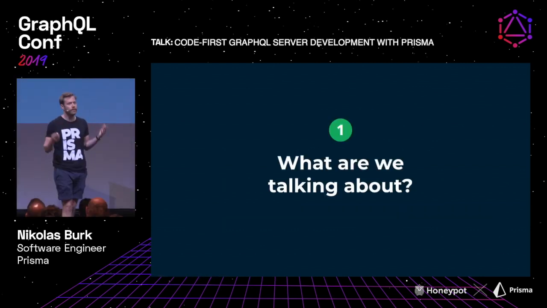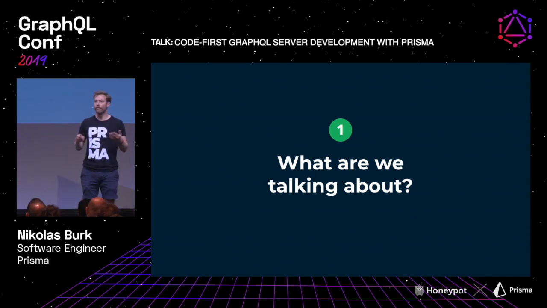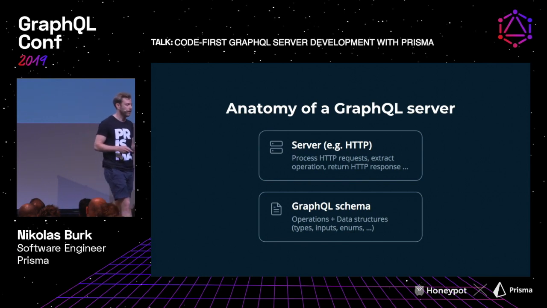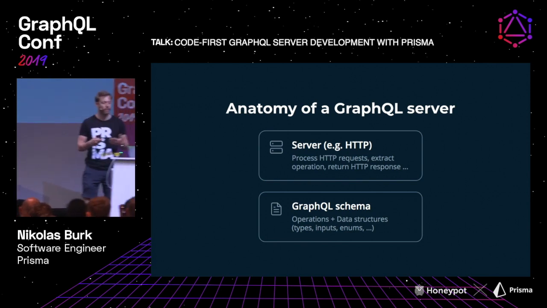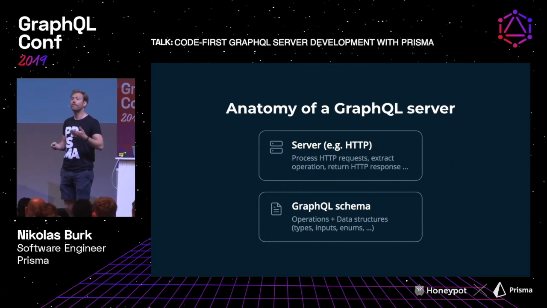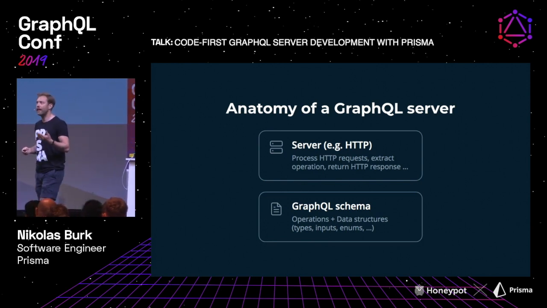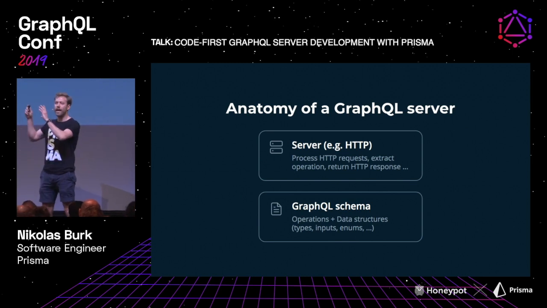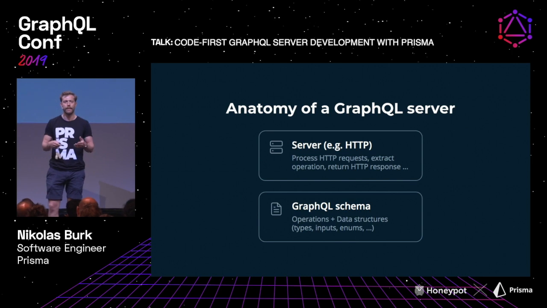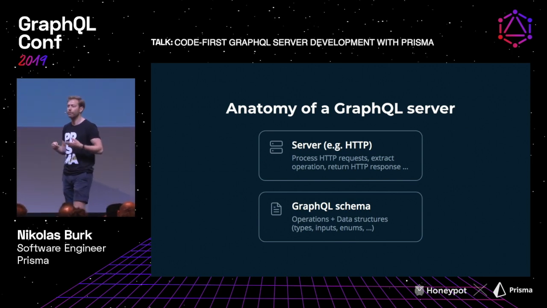So what are we actually talking about when we're talking about code-first and SDL-first? For that, I want to take a peek at the anatomy of a GraphQL server. And no matter which programming language you're using for your GraphQL server, you'll likely find these two components. You need to have a network layer that is responsible to process the HTTP requests, if it works with HTTP.